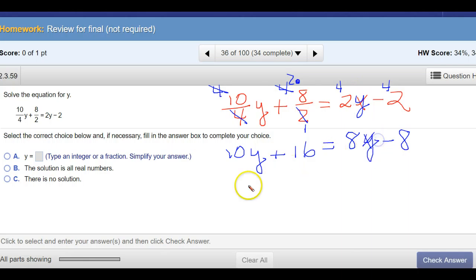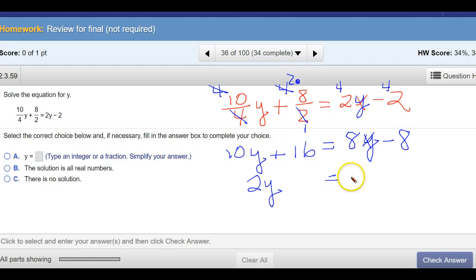Sorry about that. Okay, so we now take our 2x, or I guess it's 2y here. 2y to this side becomes a negative 8y, so we're left with 2y here. Getting carried away.